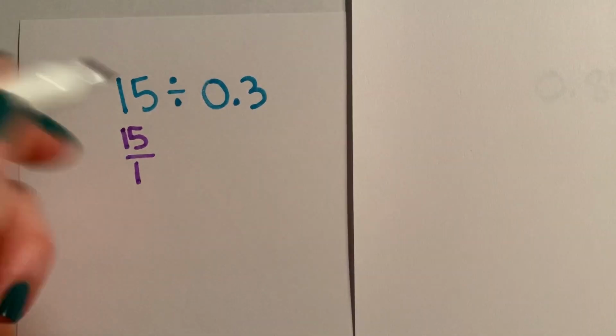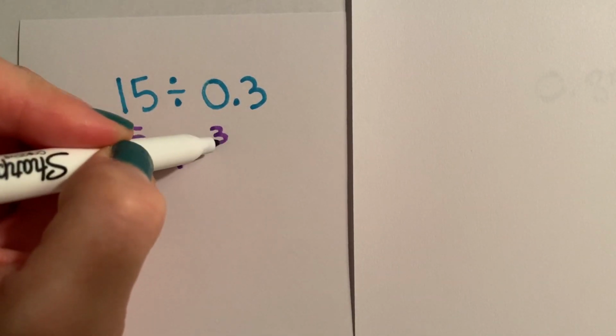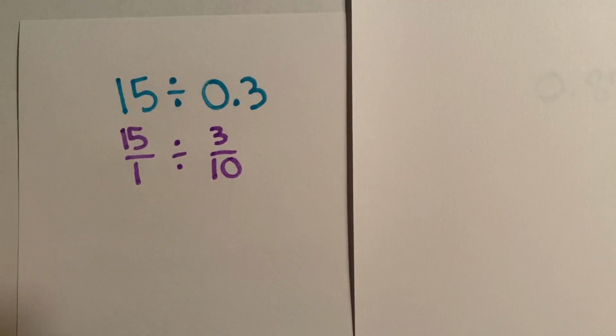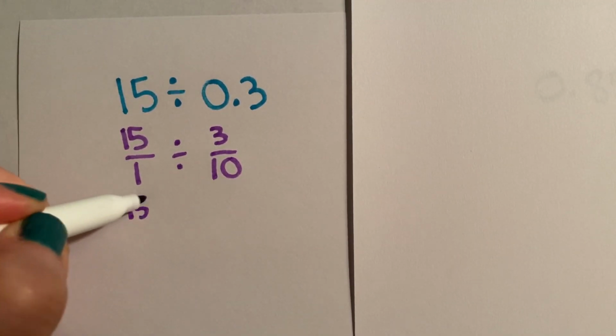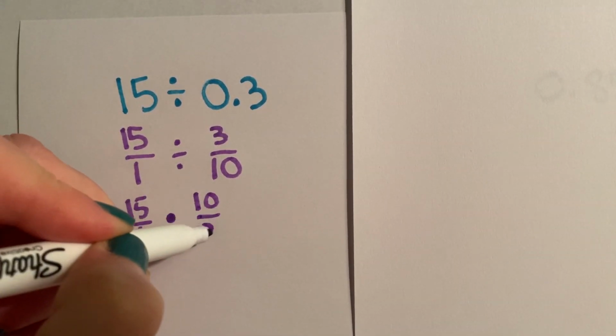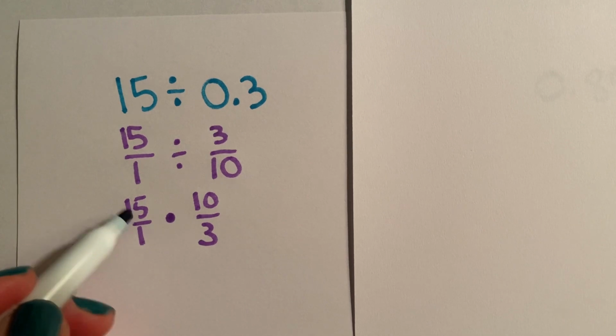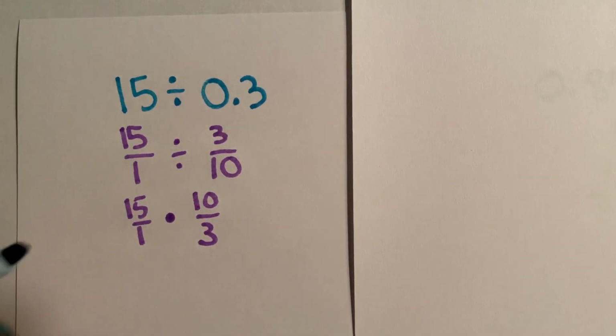15 over 1 divided by 0.3 as a fraction is 3/10. That would give us 15 over 1 times 10 over 3. And then we could cross cancel. And I think I'd like to do that. If you look on this diagonal, I can divide both of these numbers by 3.